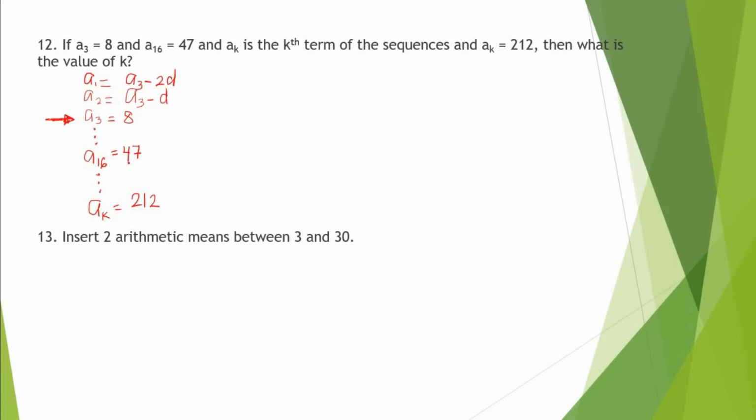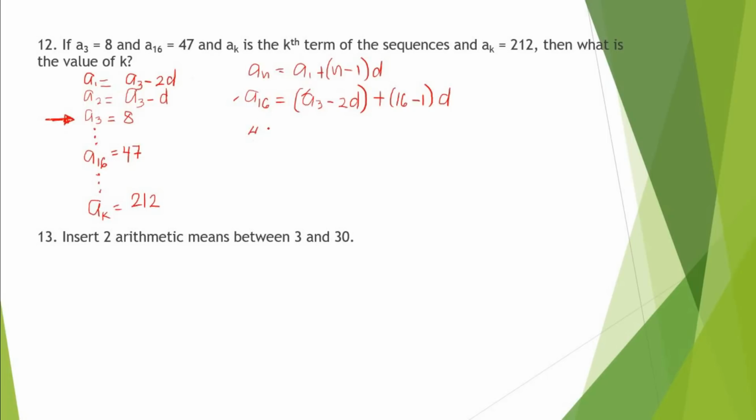We will use this information here. So we have An is equal to A1 plus N minus 1 times D. The 16th term is equal to, our A1 is equal to A3 minus 2D, plus 16 minus 1 times D. And by the way, guys, since we already know A16 and A3, the only unknown is D. We can now solve for the common difference.